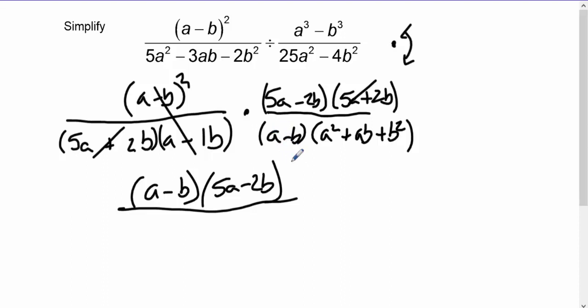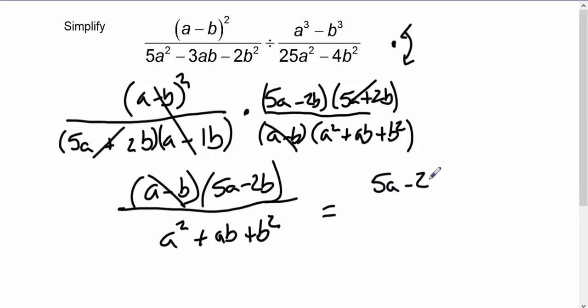Oh, I didn't notice I've got another a minus b here, which would go with this guy. And I'm left with a squared plus ab plus b squared. So my final answer, let's clean that a little bit, is just the 5a minus 2b over a squared plus ab plus b squared.